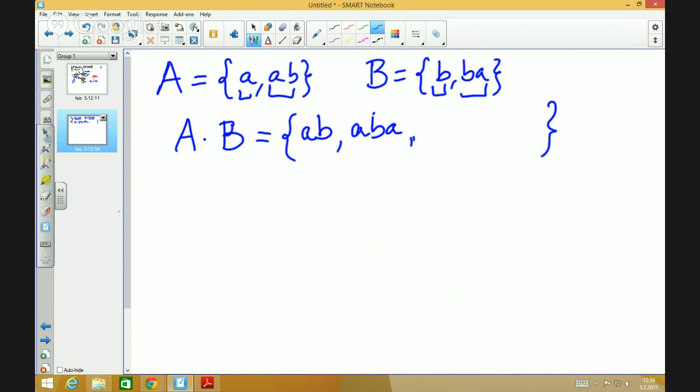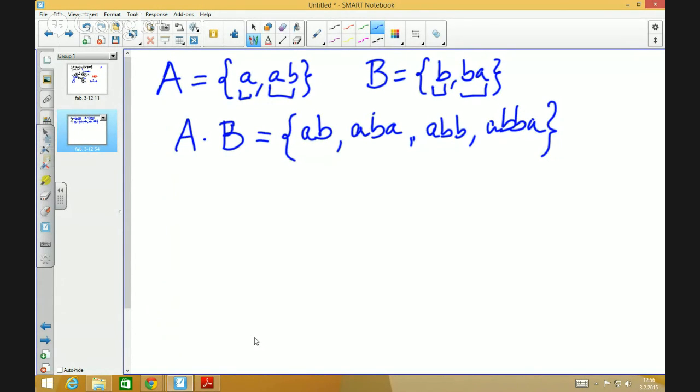Okay, I could take AB from the first language and B from the second language, and I get ABB. Or I could take AB from the first language and BA from the second language, and I get ABBA. Waterloo, we are done. Or whatever other song you prefer.